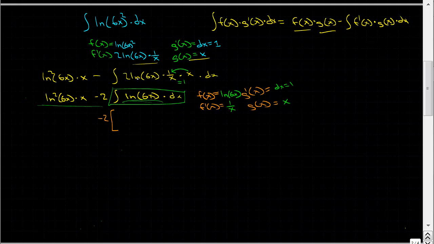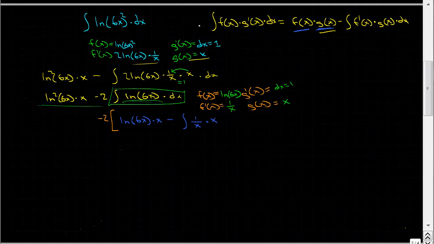So we do f of x times g of x, so then we get ln of 6x times x. We subtract that by the integral of f prime of x, which is 1 over x, times x.